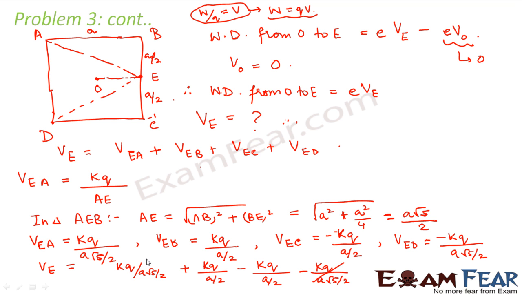So the last term and first term cancel, second term and third term cancel. So you get the net potential at point E is also equal to 0. Therefore, what will be work done? In work done, this potential also becomes 0. Therefore, the net work done to take the charge from point O to point E is equal to 0.